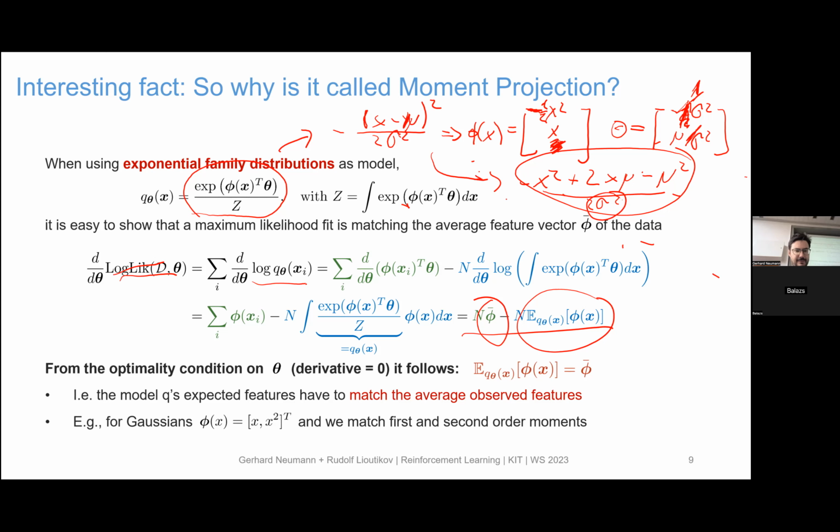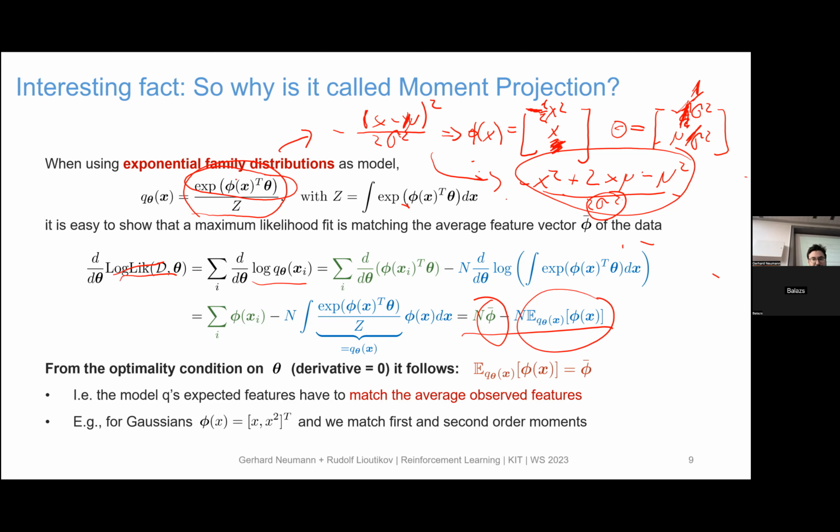The green sum and the blue part: the green sum is basically the derivative of the exp of the features times the parameters. So the log and the exp just cancelled.